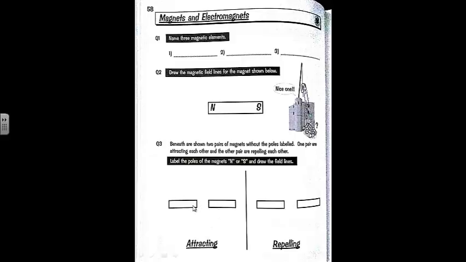For attraction, the poles must be unlike, north and south. Repelling means pushing each other away, so the two facing poles must be like, north and north, south and south. And for attraction, the poles must be opposite, north and south, south and north, and so on.